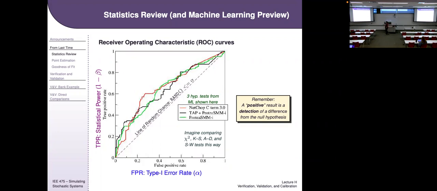And so each one of them has a type 1 error rate and has a statistical power. And so if you swing that alpha on each one of these tests from 0 to 1, you're just changing, so normally we would fix ours at 0.05 down here. But if you let it get bigger, what you're going to do by increasing the false positive rate is you're also going to increase the statistical power.